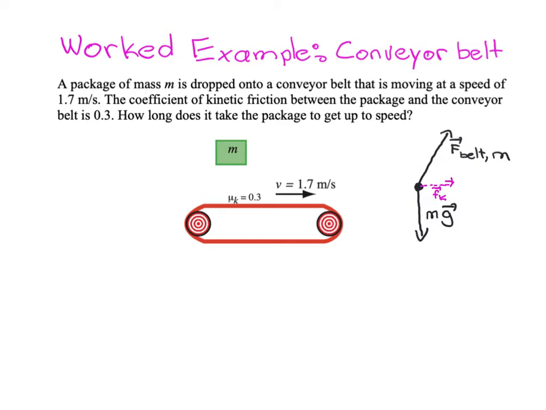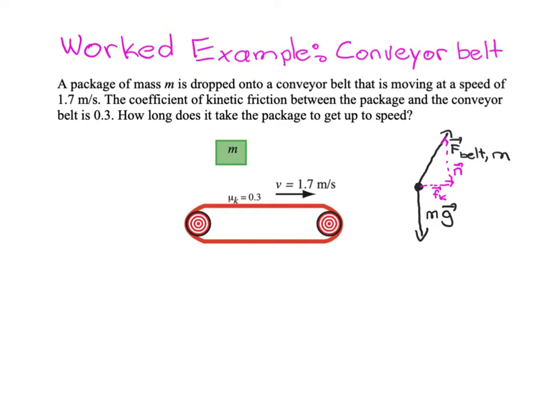And then we'll call the vertical component N with an arrow on it. And N stands for normal, which means perpendicular. And this force is perpendicular to the surface of the belt. So that's why it's called the normal force.